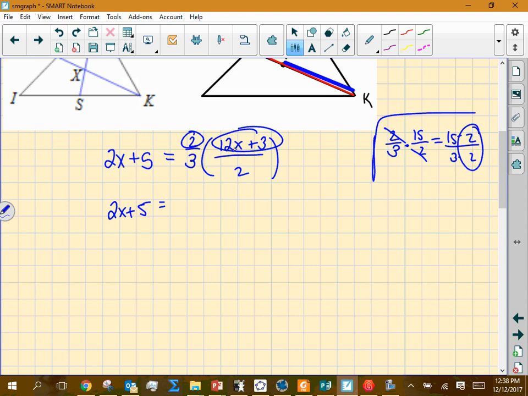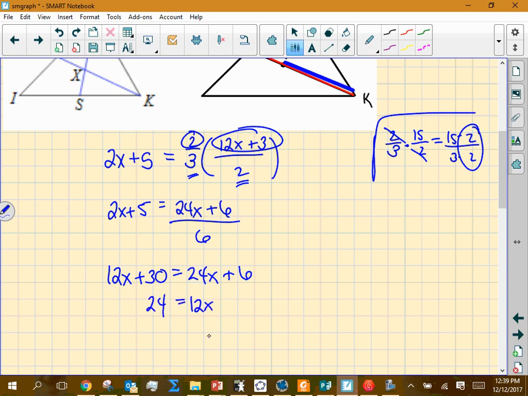Well, that algebra means to distribute. So I get 24x plus 6. Okay? And then bottom times bottom. So that gives me 6. Now what can I multiply everything by to get rid of that 6? 6. So I get 12x plus 30 equals 24x plus 6. Subtract 12x from both sides. Subtract 6 from both sides. What's x give you? 2. Same answer, right? Okay.